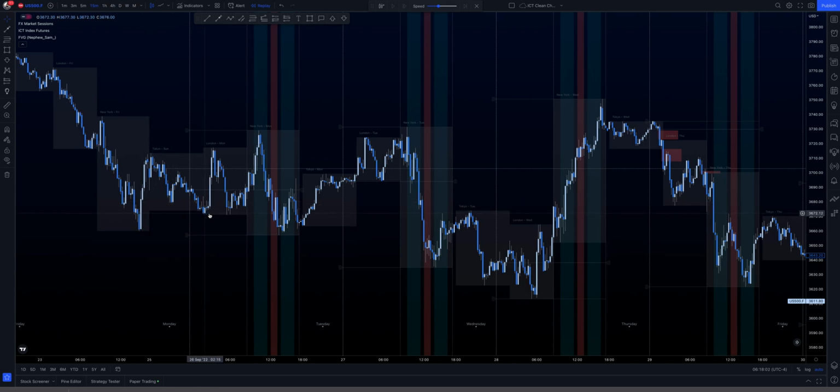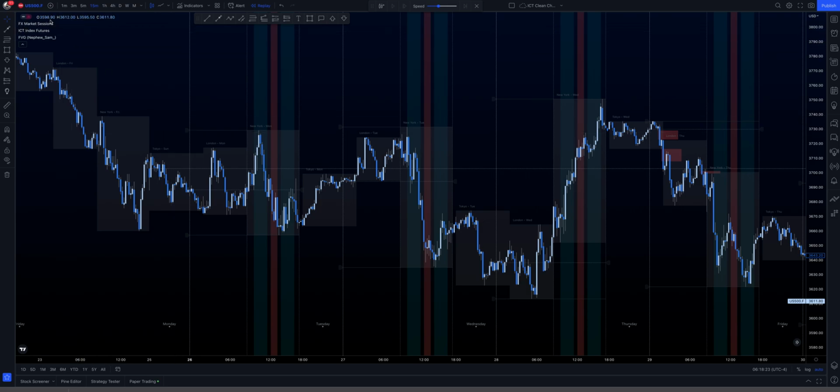So this would have been New York's low here. We've taken that, we've moved higher. We've taken the high, we've moved lower. You need to be looking at the liquidity on daily highs and lows, weekly highs and lows, monthly highs and lows, as well as session highs and lows.